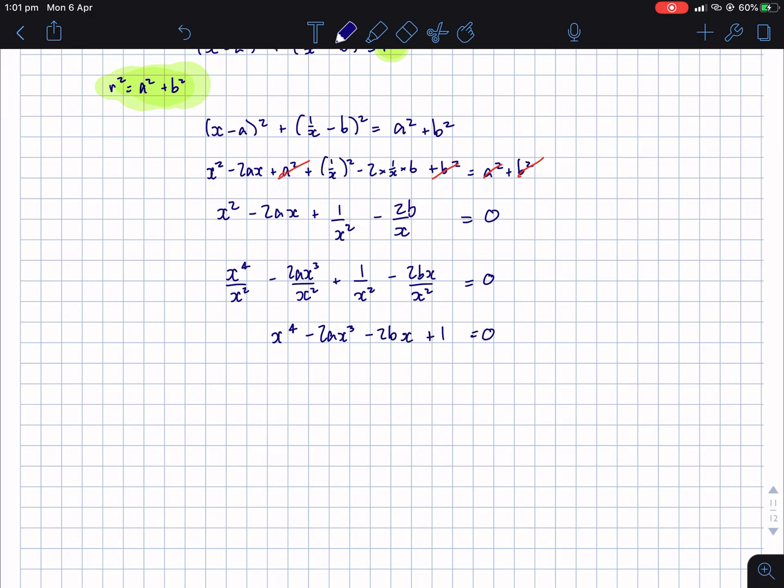And this is what we're used to seeing. So A is x equals alpha, y equals 1 on x, so it's 1 on alpha.